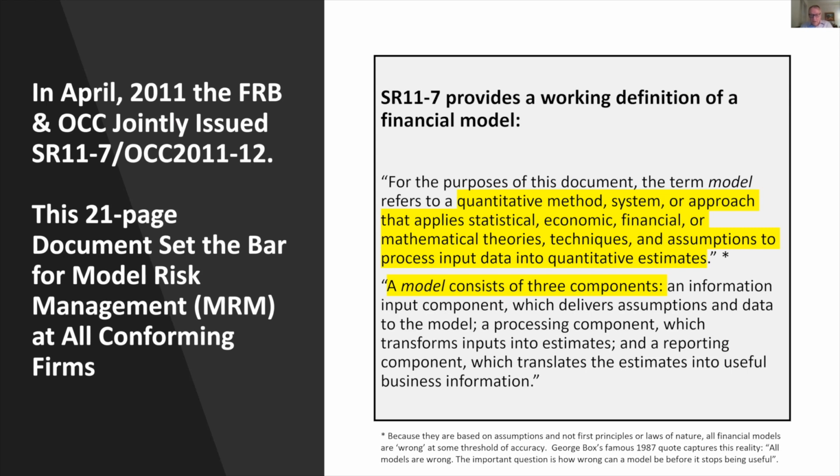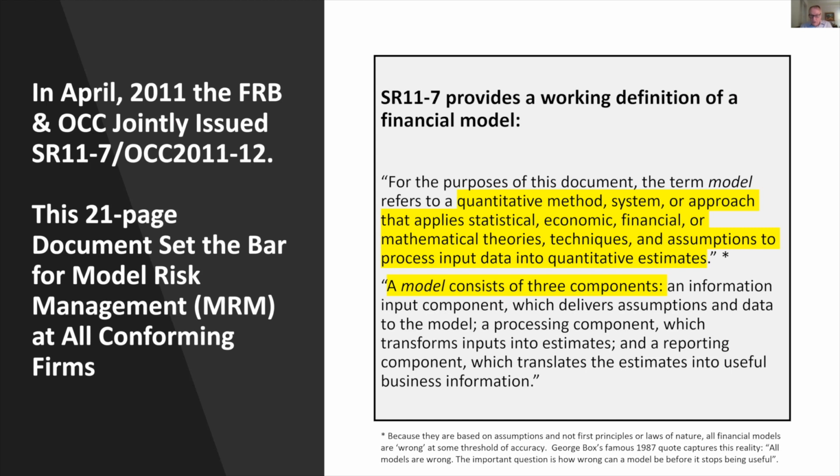I have an asterisk at the bottom for a quote that I think is very relevant to introduce at this point. Because all models are based on assumptions and not first principles or laws of nature, all models in finance are wrong at some threshold of accuracy. This brings in George Box's famous 1987 quote that captures this statement: all models are wrong.